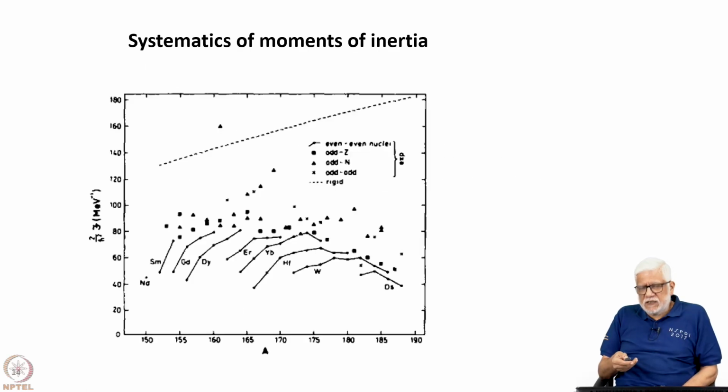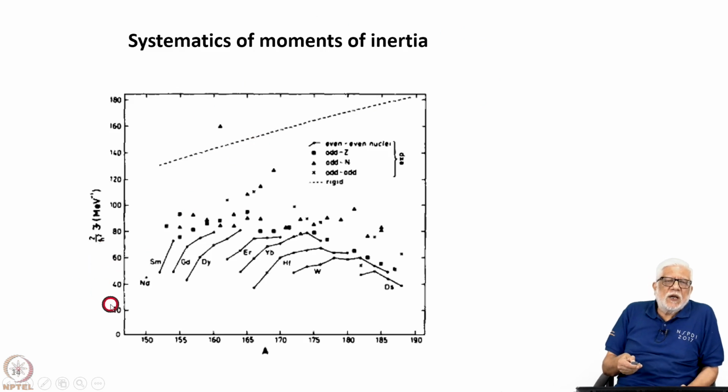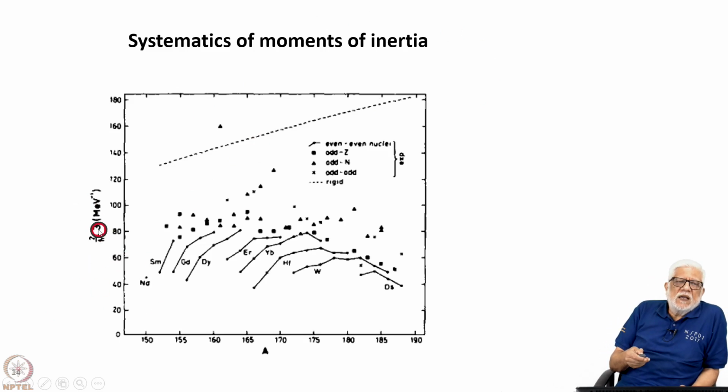So, this is the systematics of the moments of inertia. What is plotted here is ħ² divided by 2 times 𝓙, the moment of inertia parameter, in MeV inverse as a function of A. You can see that for the rare earth isotopes there is a systematics as you go from lighter to heavier nuclei, but all of them undershoot the rigid body value that you expect, which lies somewhere here.